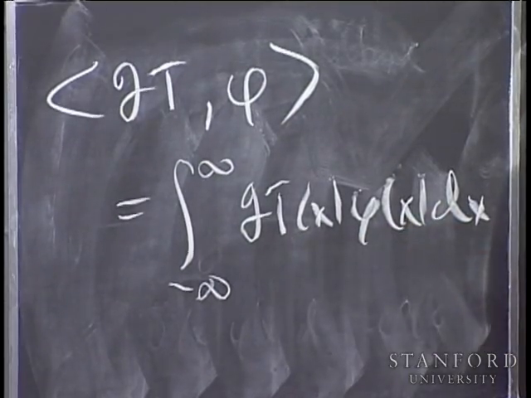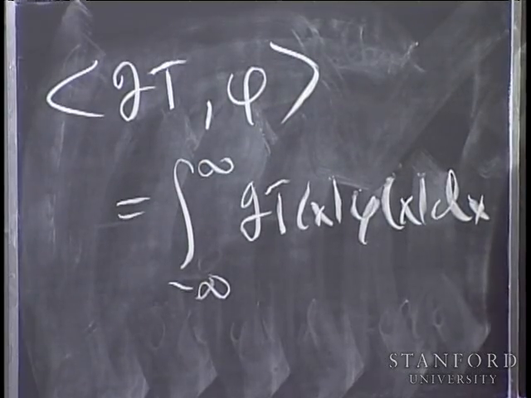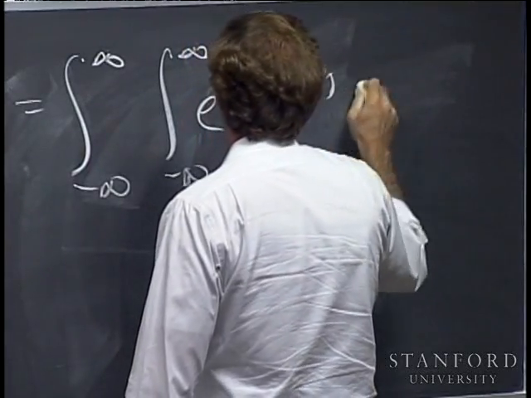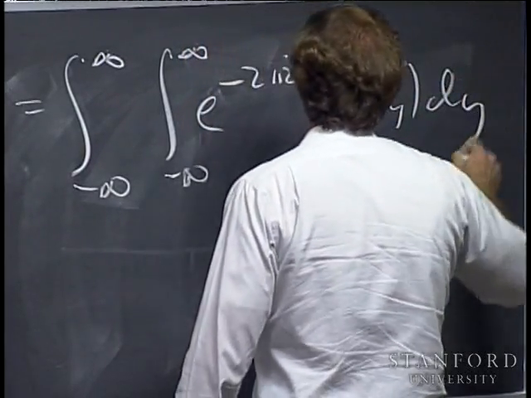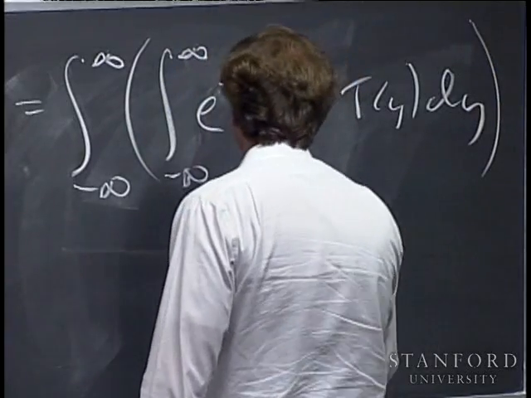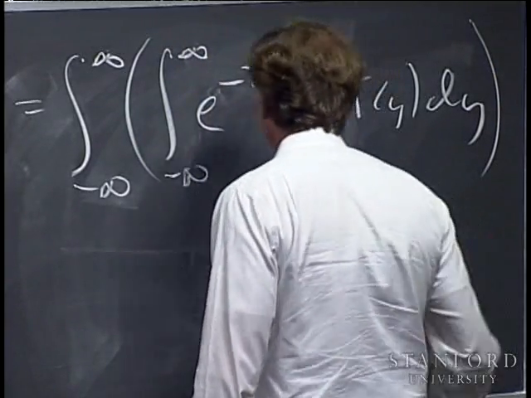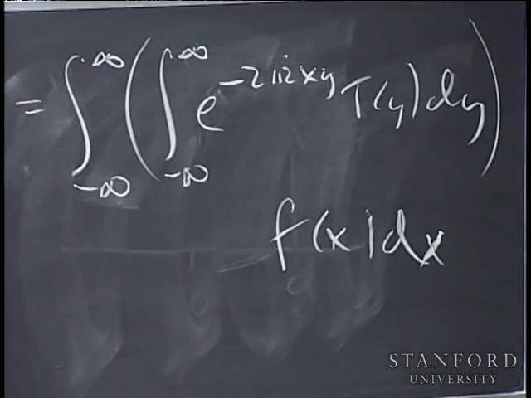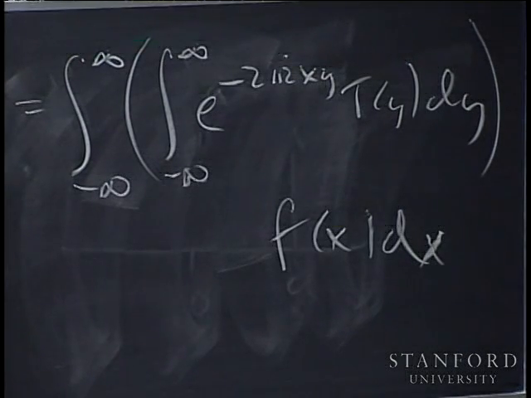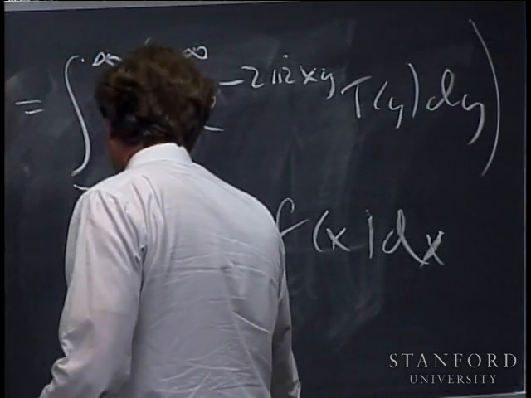It's the integral from minus infinity to infinity. I've already used x here, so let me write this as e to the minus 2 pi i x y, T of y, dy, then times phi of x, dx. Supposing that everything is nice enough that I can do that.